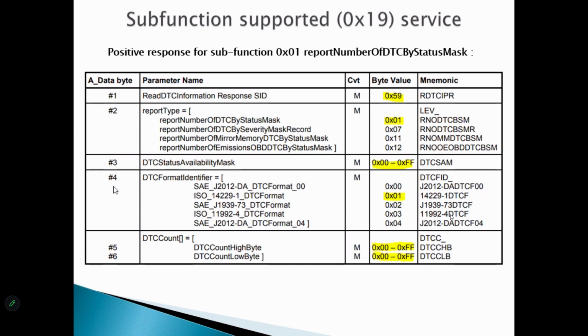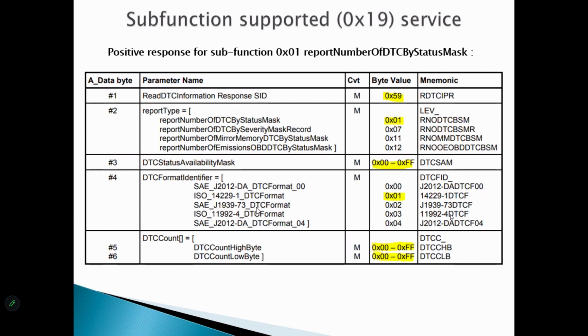Yes, sir. And then byte 4 is the DTC format identifier. Just remember we are using the ISO 14229-1 DTC format, and for this the value will be 0x01. These other formats are used for commercial vehicles.